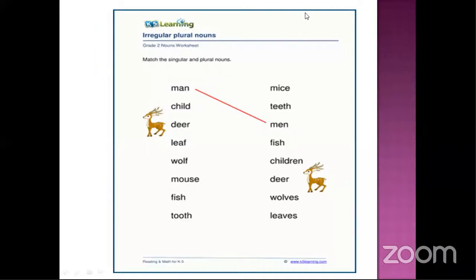The nouns I have given here: first one is man, child, deer, leaf, wolf, mouse. You are doing well. Try to do it properly.